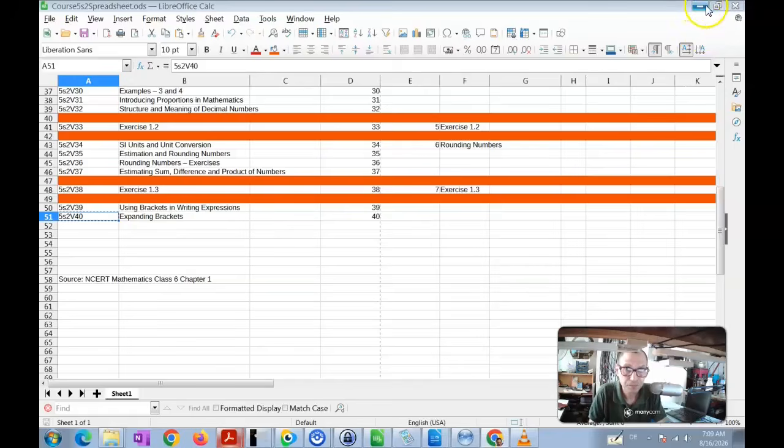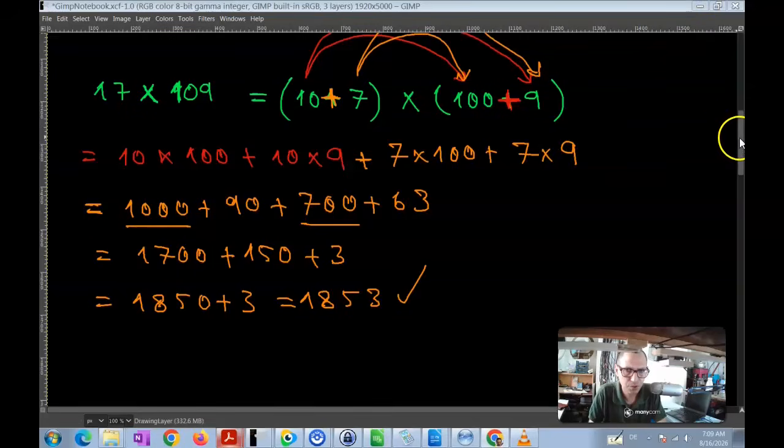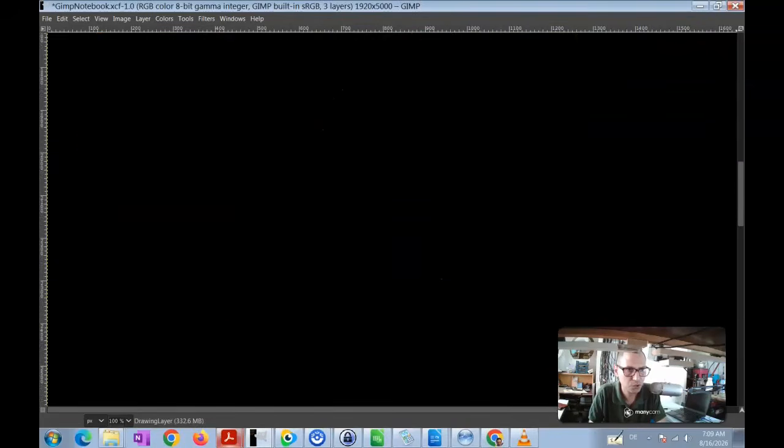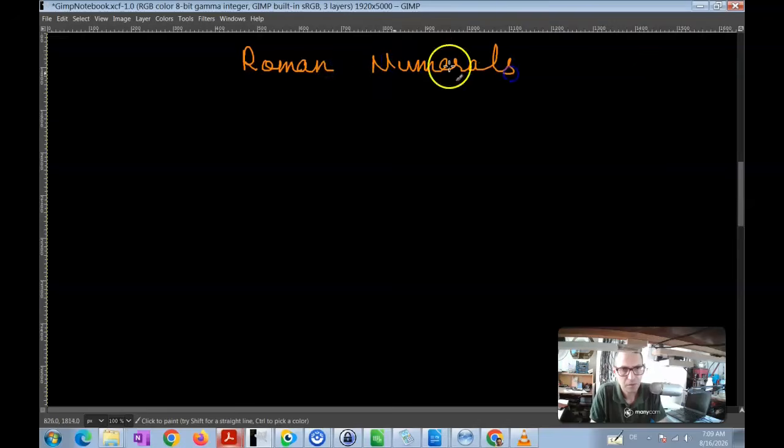Now, the way that the Roman numerals work, the way that this system works, I think you can think of this as a number system.